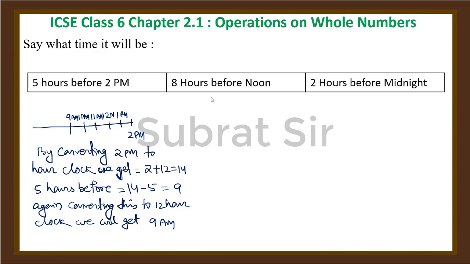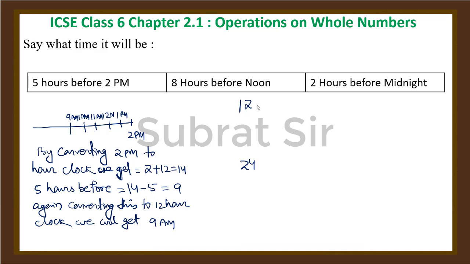Okay, similarly here 8 hours before noon. The procedure you will write, I am just explaining the theory. So noon means 12 o'clock. And no need to add here anything. Okay, so noon is 12 and we know midnight is 24 in 24-hour clock.